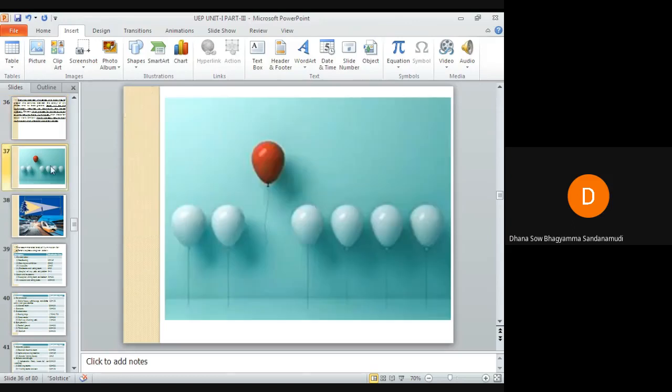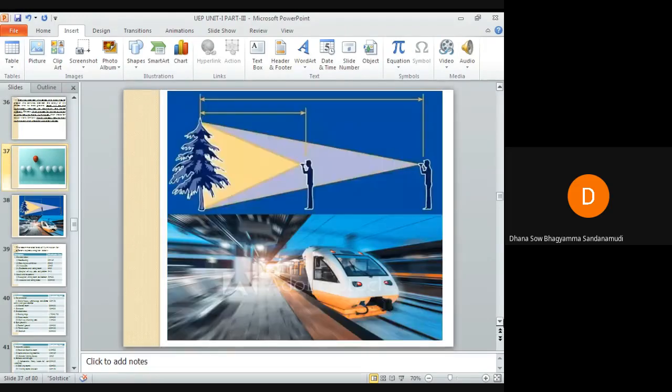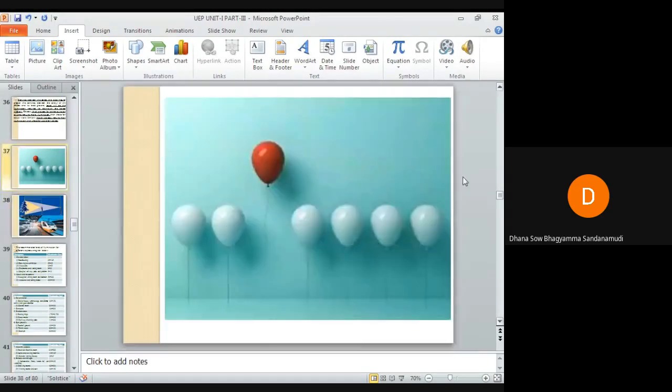If you observe this image carefully, the wall color is matching with these balloons. The wall color is actually not blue. There is a name for it, but I am unable to recall it.